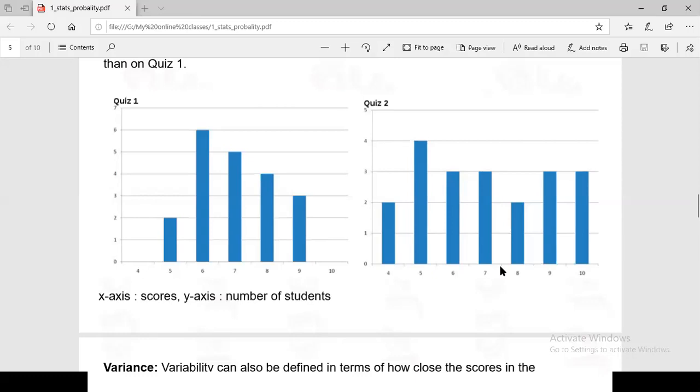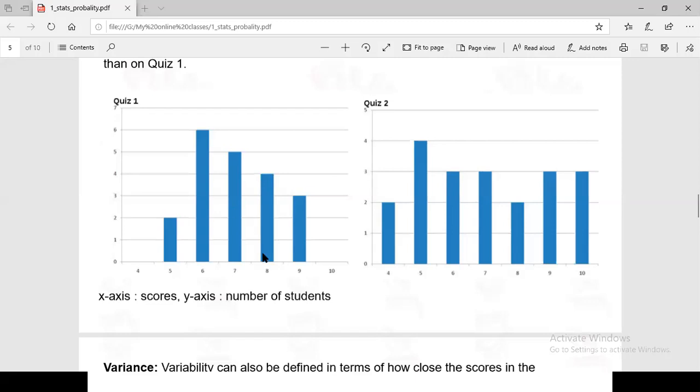By seeing these two bar charts, we can say that quiz 2 data is spread more than quiz 1, because the total number of data points is 20 only for both. But quiz 1 is repeating the same data more, while quiz 2 is not repeating data as much.